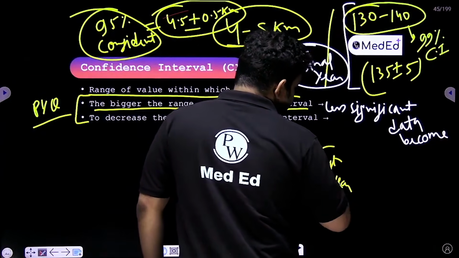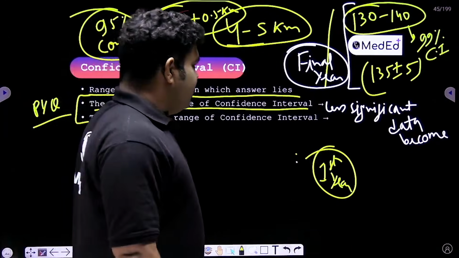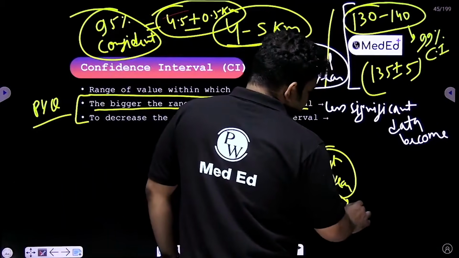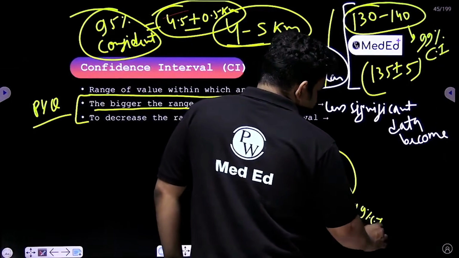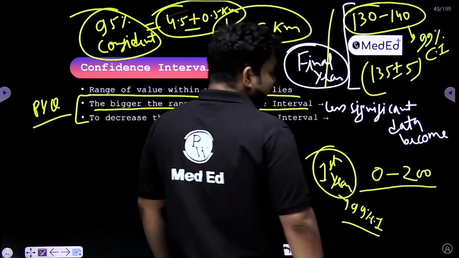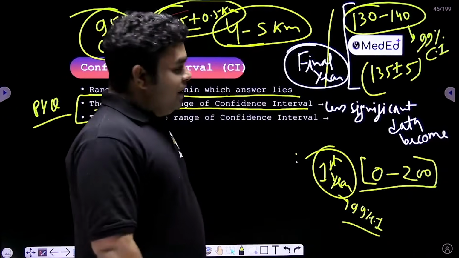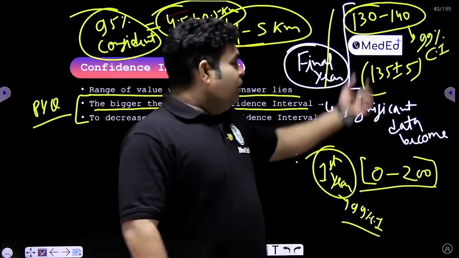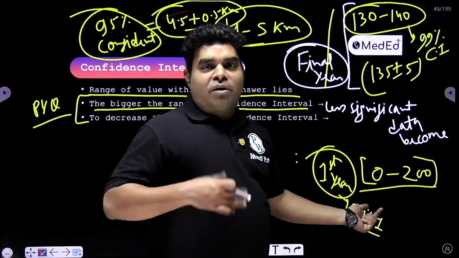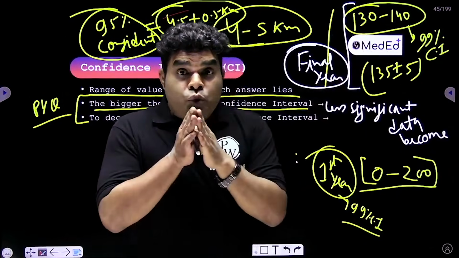How much marks will you get in the IMNCI exam when you give it after 5-6 years? The first year will say, sir, I am 99% confident that I will get between 0 to 200 marks. So this is his 99% range, 0 to 200. Which range is better? 130 to 140 or 0 to 200? Of course, 130 to 140 is better because it is to the point.